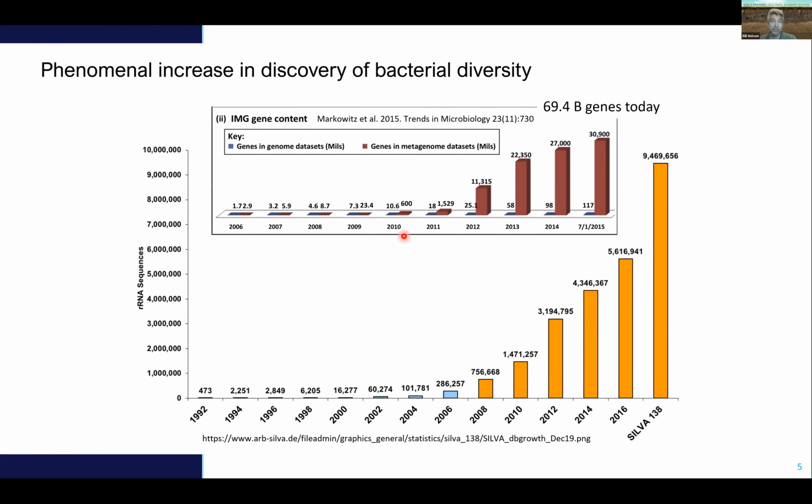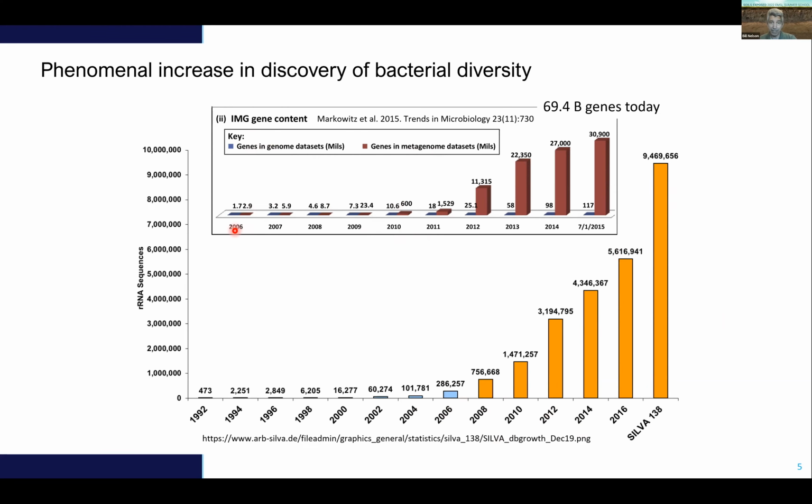And similarly, this is a plot of content in IMG, which is the representation of the Joint Genome Institute's sequencing pipeline. And it looks at both genes that are in genome data sets and genes in metagenome data sets.